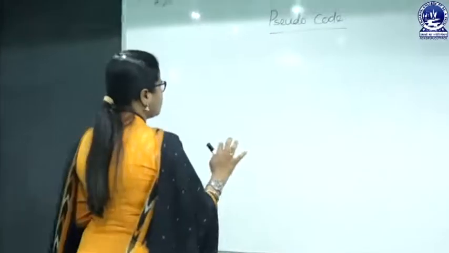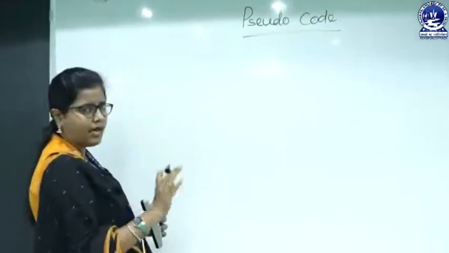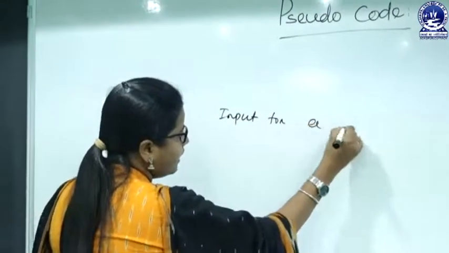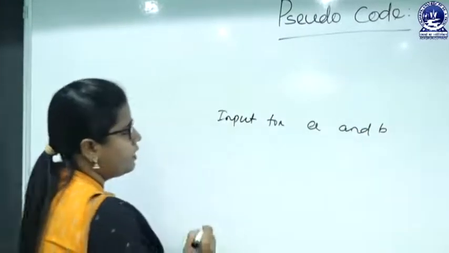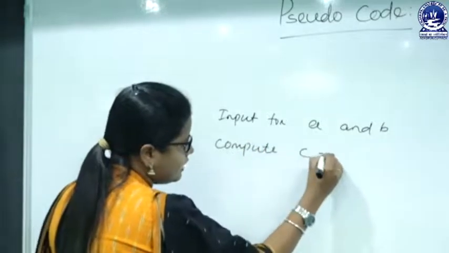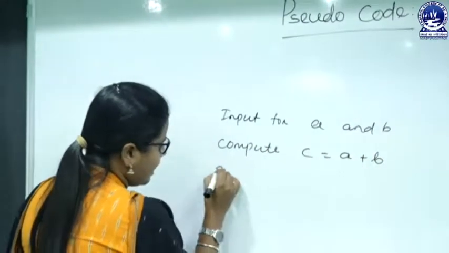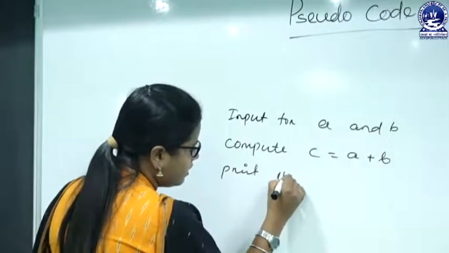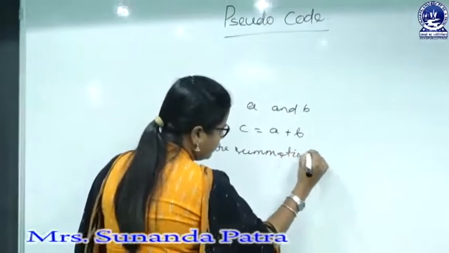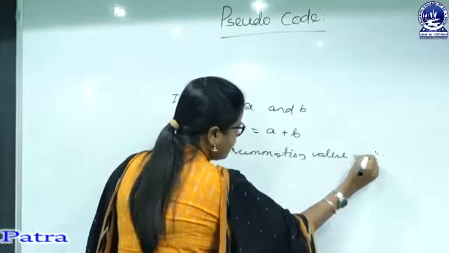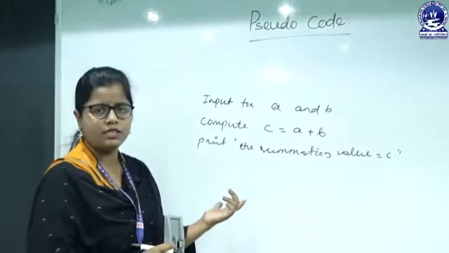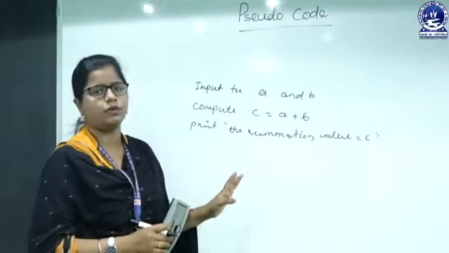For the pseudocode for adding two numbers, simply we have to write: input A and B. Then in the next step, compute C equals A plus B, and print the summation value equals C. So this looks like programming, but here we are not following any syntax. Simply in our language, we are representing the algorithm.